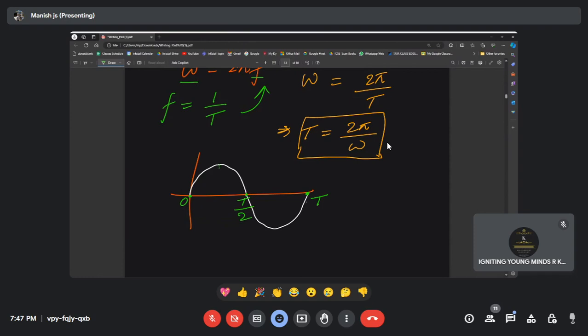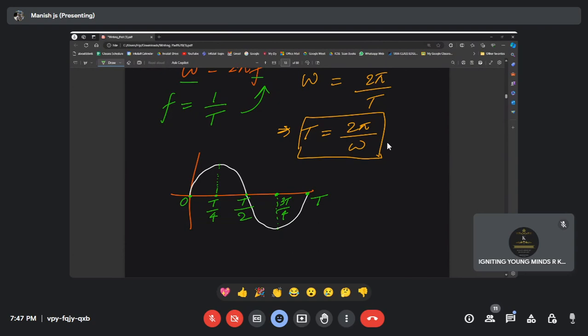If I divide this again into two parts, at this part it is going to be T upon 4, 1/4 of the time period. And what about at this part? 3/4, right? So it is 3T by 4. Like this, we can express the time period for different portions of the wave.